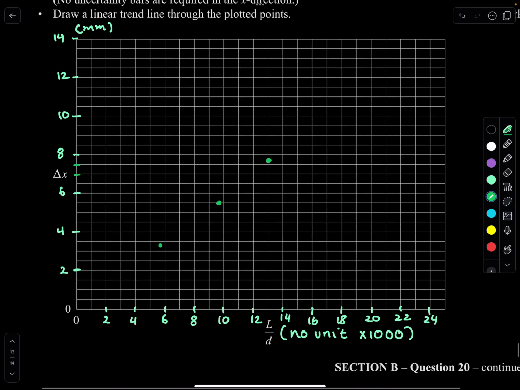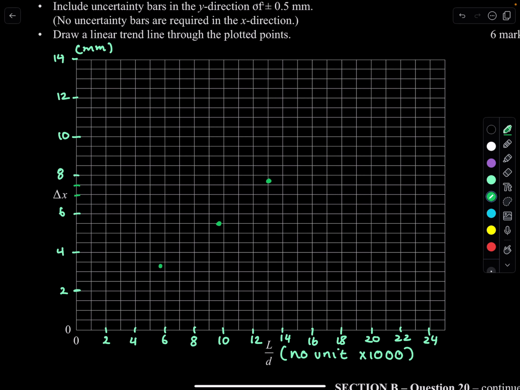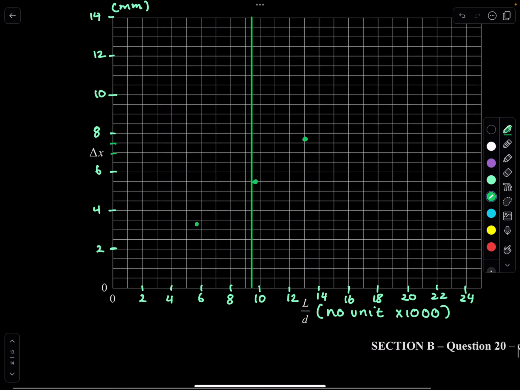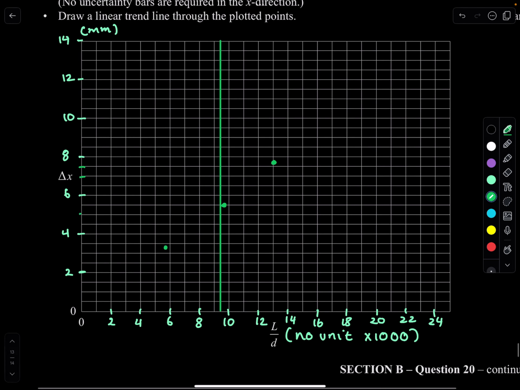Then 9.4. So that's 9, around here basically. And 4.9. So 4 and 4.9 is around here. Around there. Done.